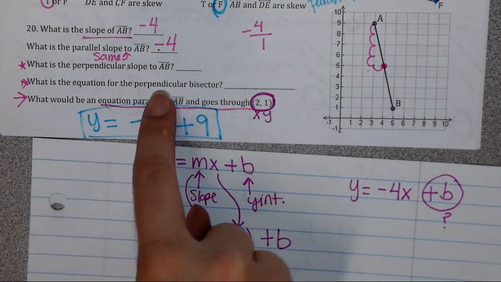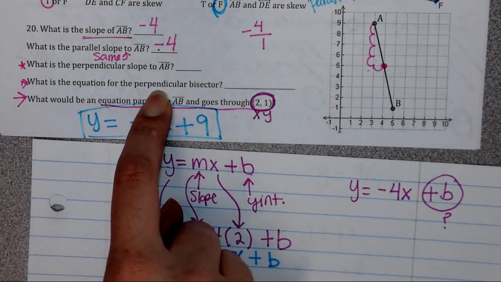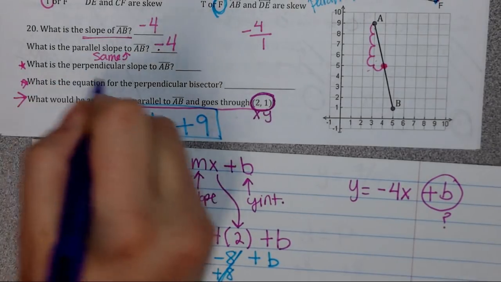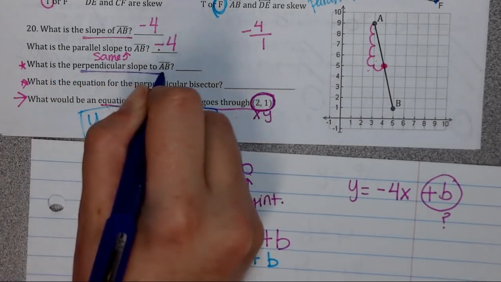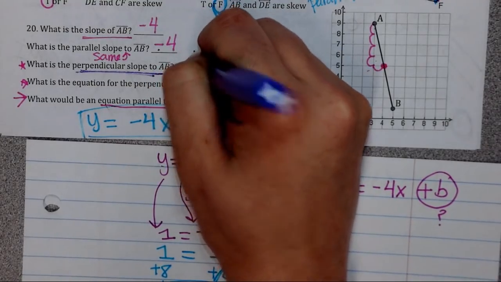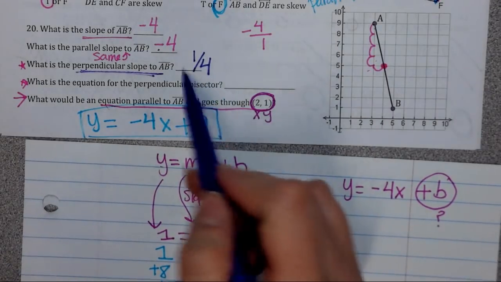Now, perpendicular, which is what I'm going to do right now, is the one that's the opposite reciprocal. Here, it wants the perpendicular slope to AB. That's where you're going to change the sign and flip the fraction. So that should be 1/4. It wouldn't be like +4, it would be positive 1/4.